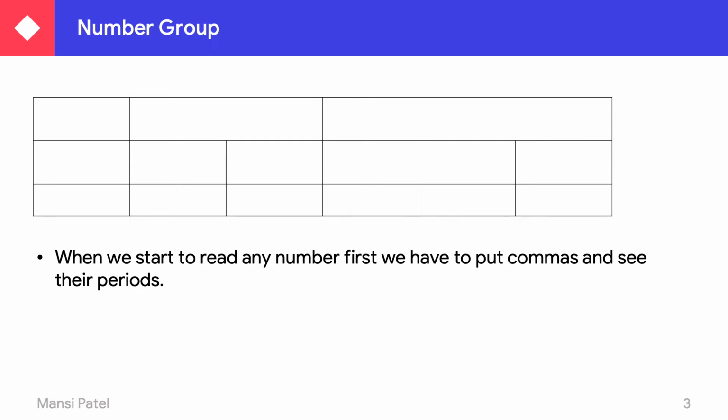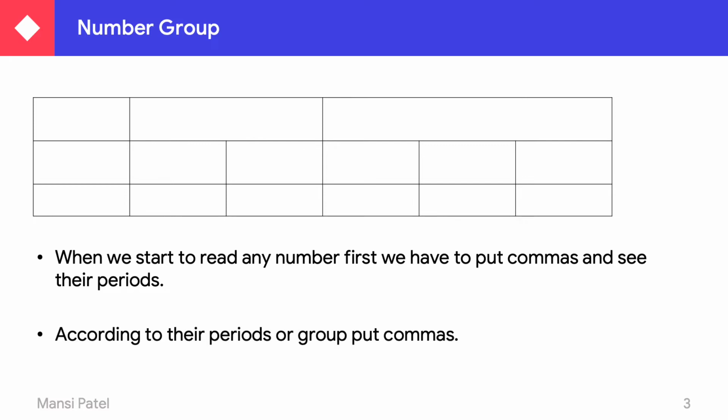When we start to read any number, we have to put commas according to their periods. So let us see first the groups. First group, here it is a lakh, after that it's 1,000 and after that there is a ones group. Under the ones group, three things are there.